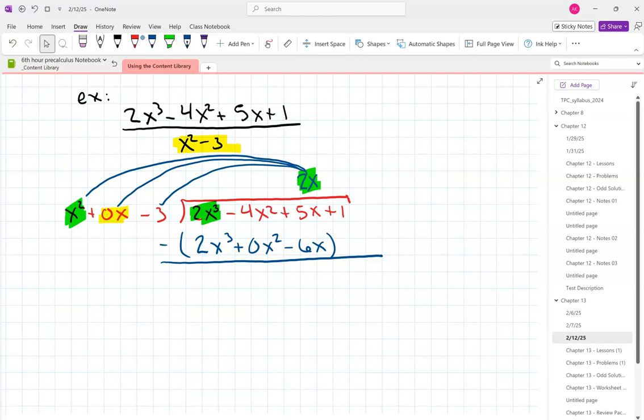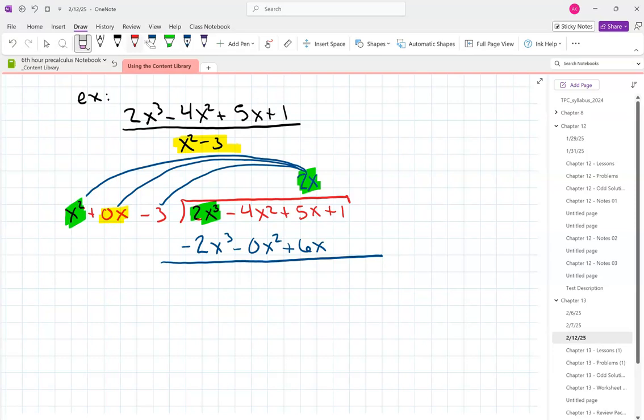Now, one of the most common mistakes I see students make on these kinds of problems is goofing up their negative signs when they're doing the subtraction. So what I would encourage you to do is to distribute that negative through. So the positive 2x cubed becomes negative, the positive 0x squared becomes negative, and the negative 6x becomes positive, and I'm just going to erase out the parentheses there.